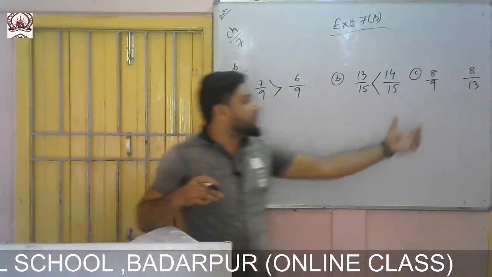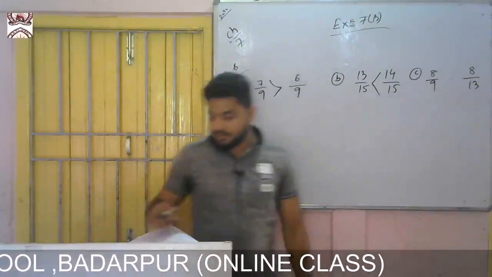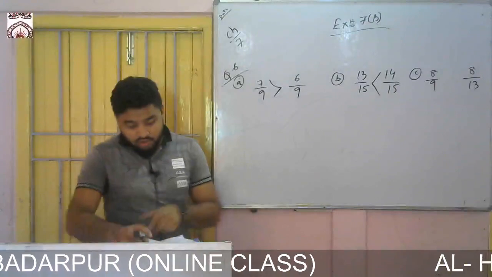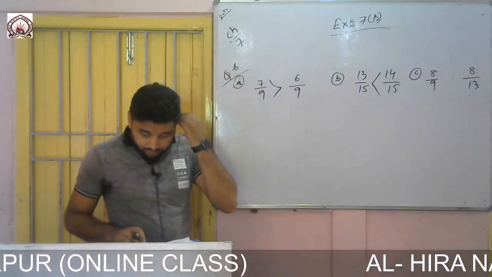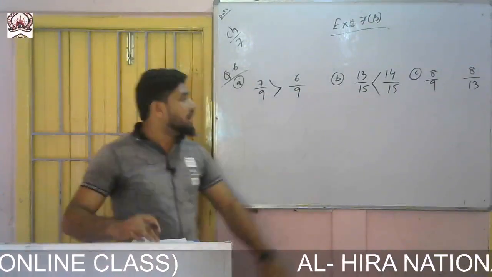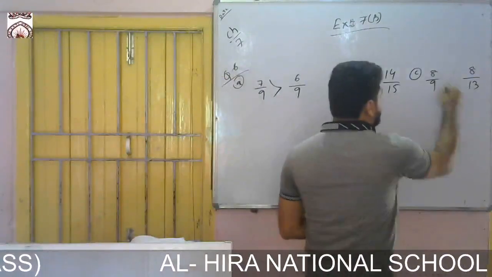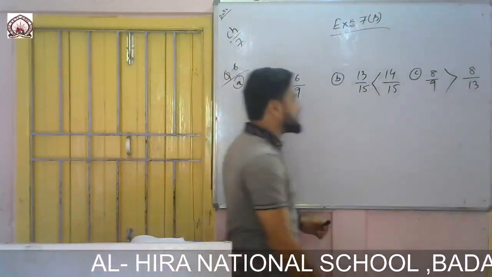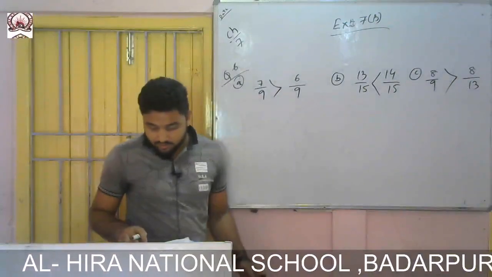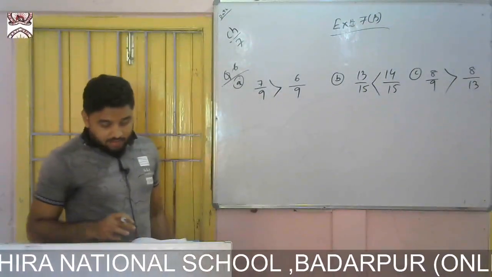Here all the numerators are the same, then the fraction with the lowest denominator is the greater one. So 8 by 9 is greater than this one. Okay.